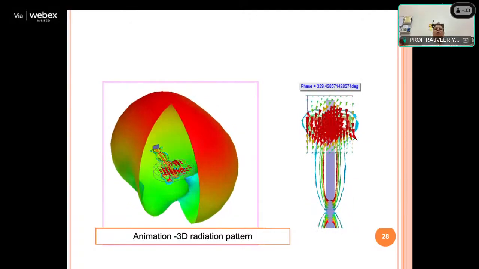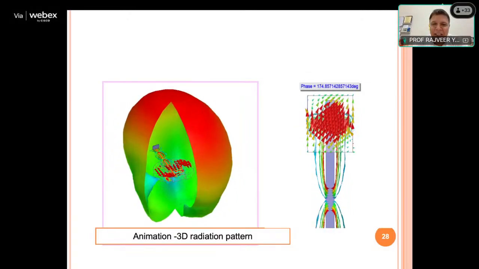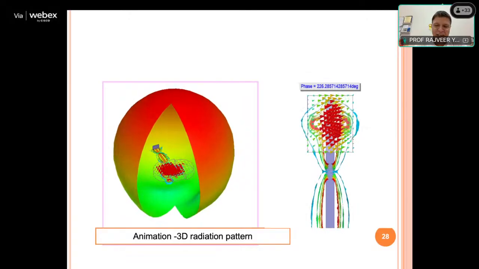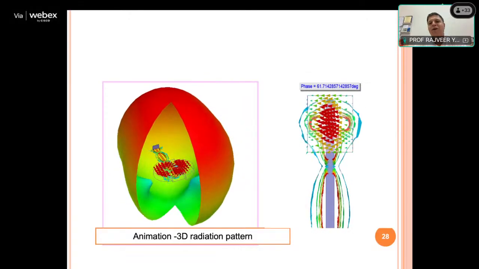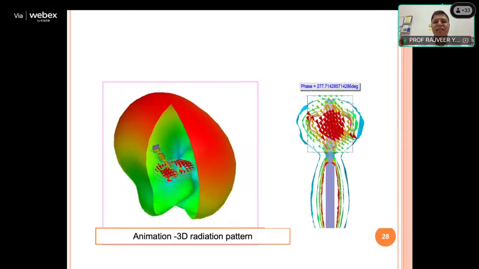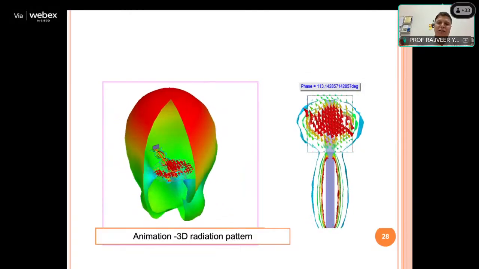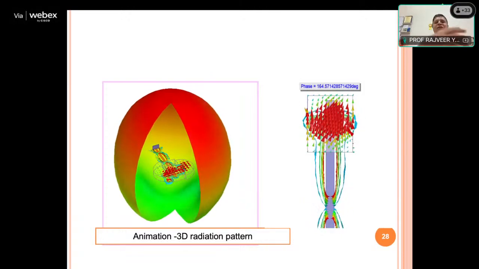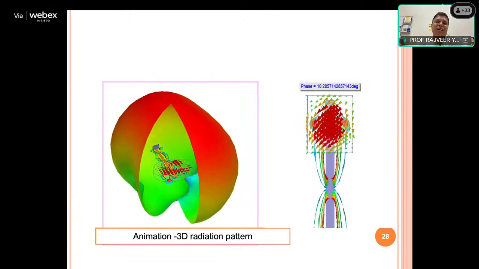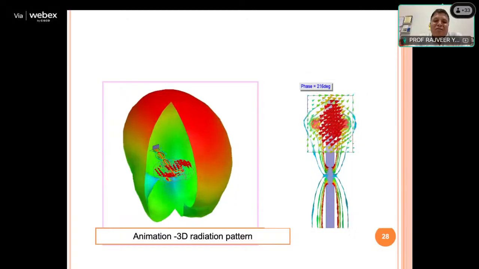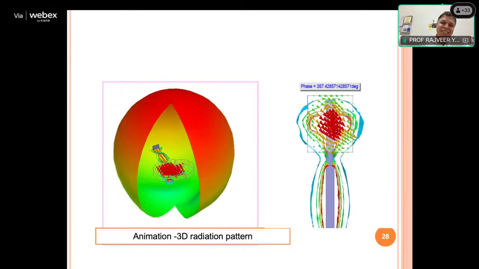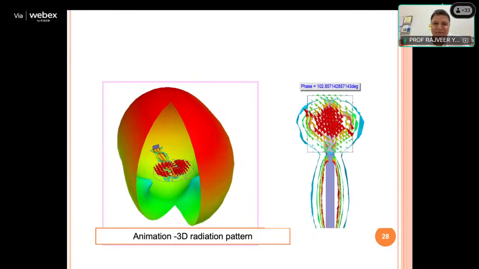All these polarizations depend on how you create rotation in the field, and it depends on the designer. Here it is clearly showing that the fields are rotating in the clockwise direction, and clockwise fields are known as right hand circularly polarized fields.